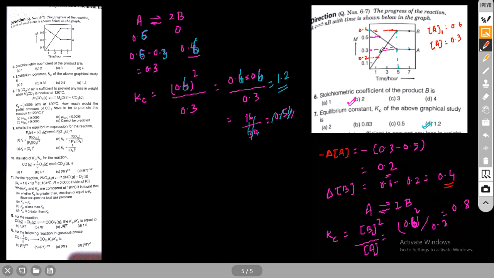Change in concentration of A at any two points will be 0.5 to 0.3, which is nothing but 0.2, right? So the difference in the concentration of A and B is in the ratio of 1 is to 2, 0.2 and 0.4. That's why this mole ratio should be 1 is to 2. That is the first point.